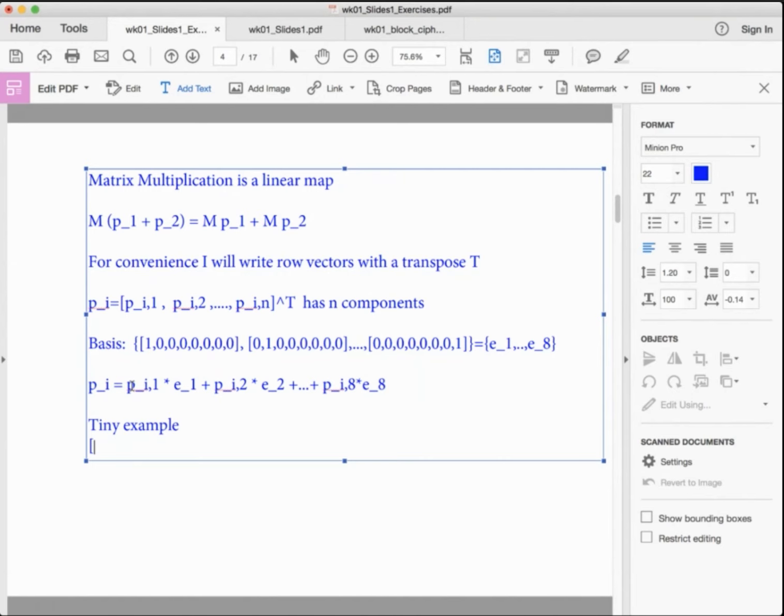Let me do non-binary because it holds in general. 1 times, it's like a coordinate, 2 times, plus minus 1 times, plus 4 times.